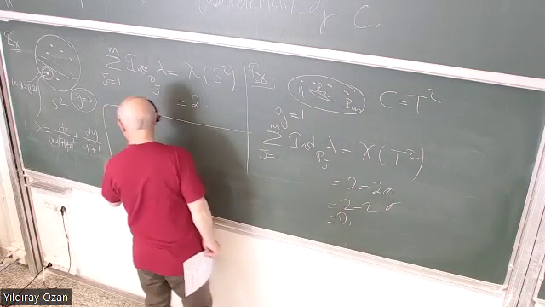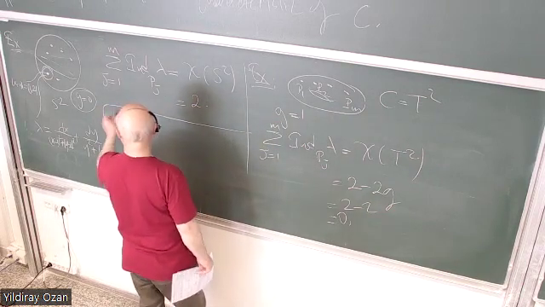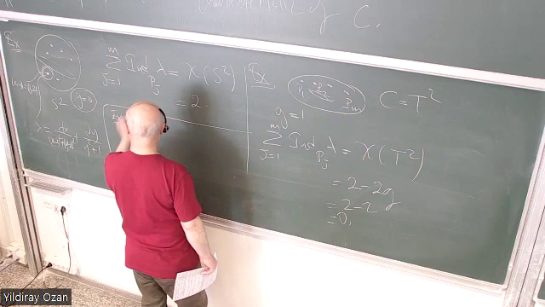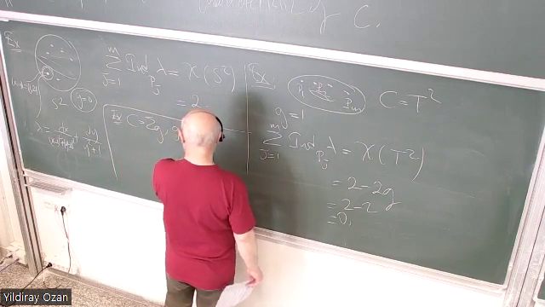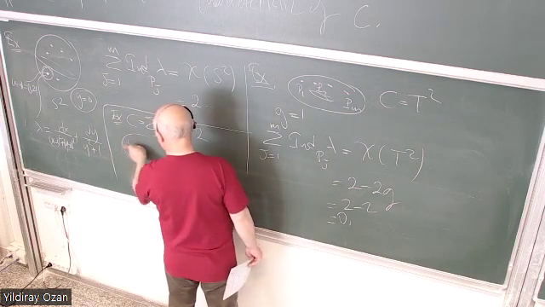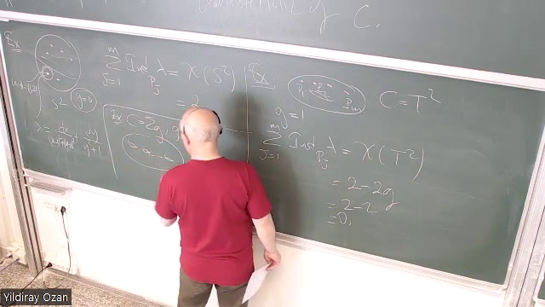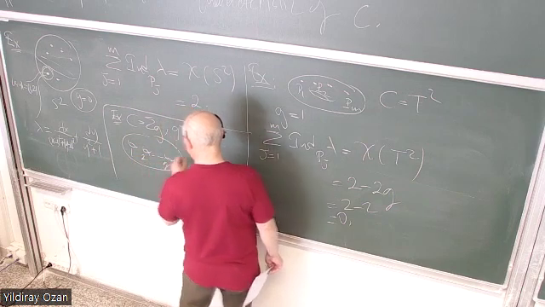So let me give another example. Suppose your surface is sigma g, and g is at least 2. So I have this 1, 2g.